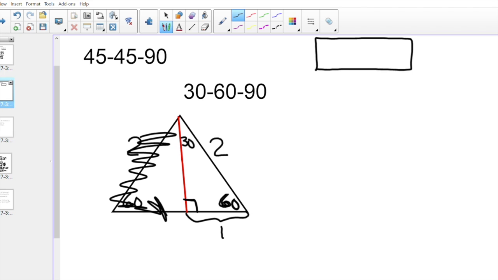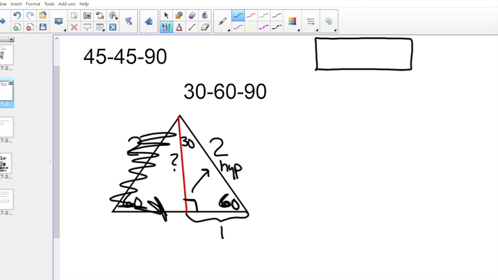What we need to find out is the length of the altitude, and the altitude would be the side opposite the 60 degree angle. So we use Pythagoras' theorem again. Remember, the side opposite the right angle is the hypotenuse.